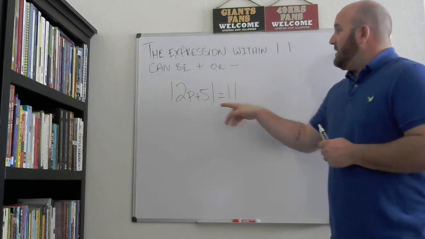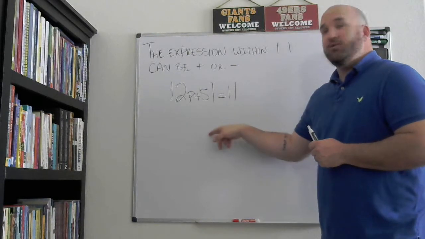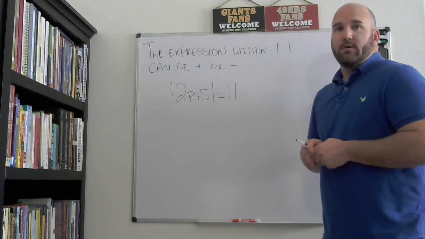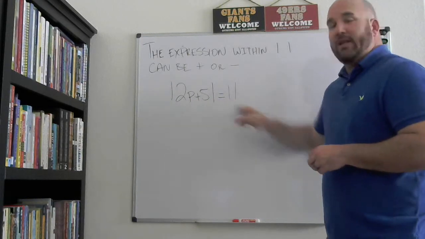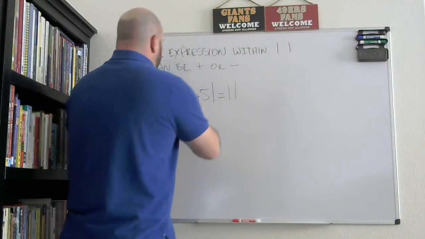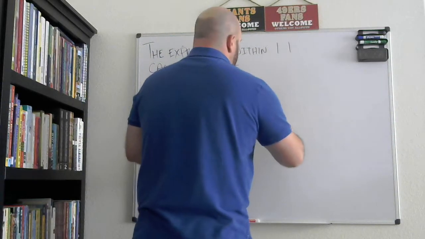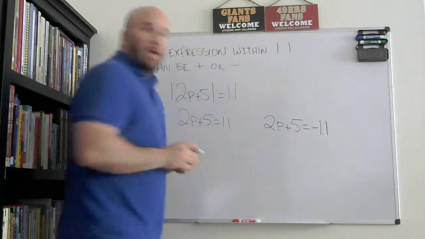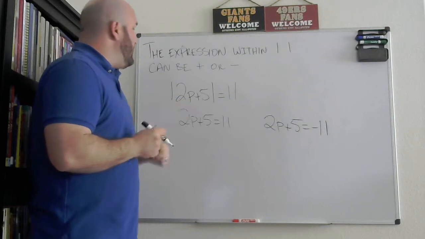And another way to say that is 2p plus 5, we're going to have two solutions. Each solution is going to be 11 units away from 0. So how do we do that? We need to set 2p plus 5 equal to 11 and equal to -11. So 2p plus 5 equals 11, and 2p plus 5 equals -11. Okay, this is going to allow us to solve for both values of p.